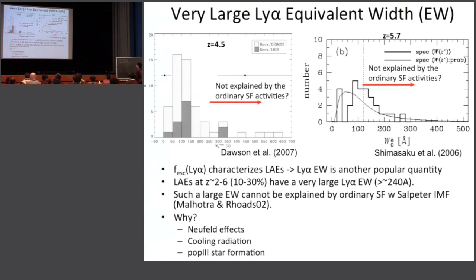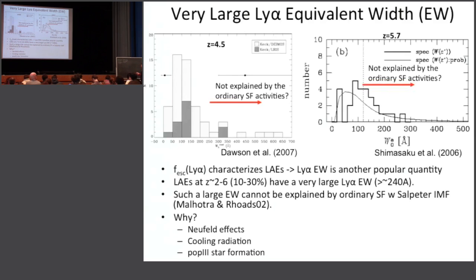This large value cannot be explained by an ordinary solar metallicity Salpeter IMF. This was recognized since 2002 by Malhotra and Rhoads, and such a population makes up about 10 to 30% of the Lyman-alpha emitters obtained.